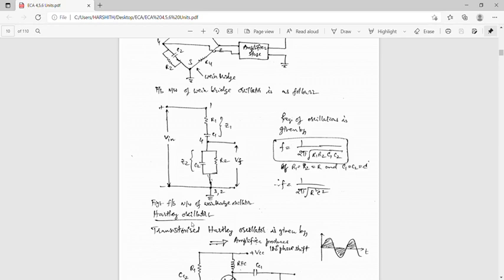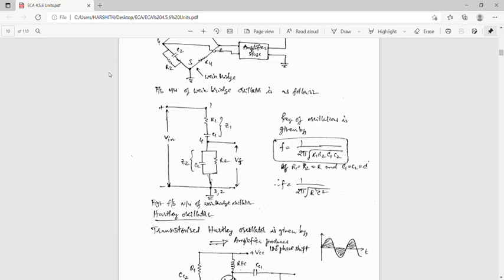The frequency of oscillations is given by f equal to 1 by 2 pi square root of R1 R2 C1 C2. This is very important.